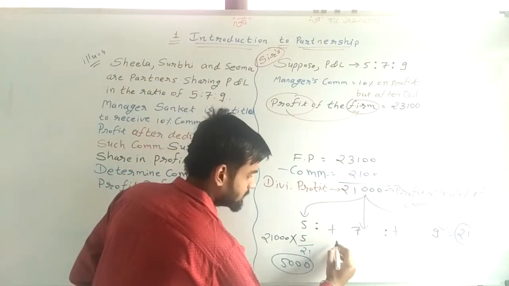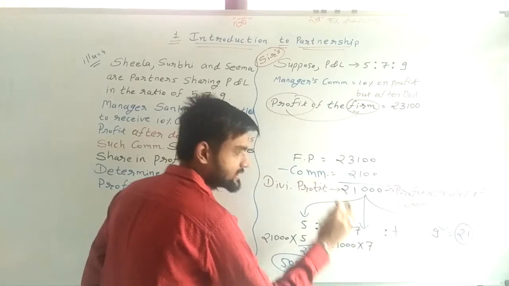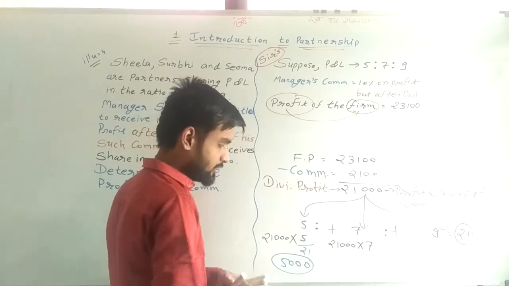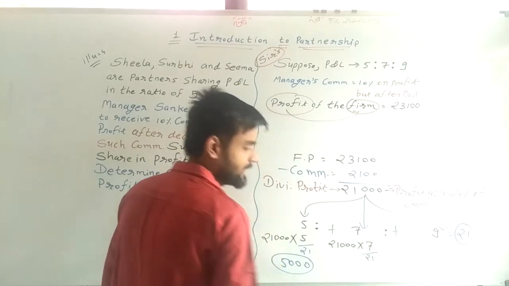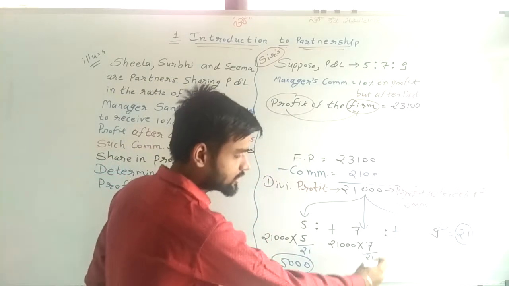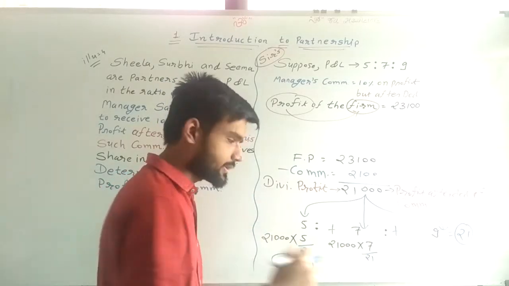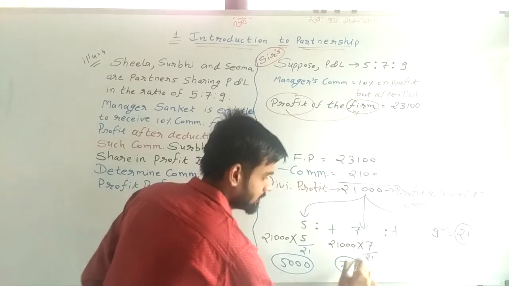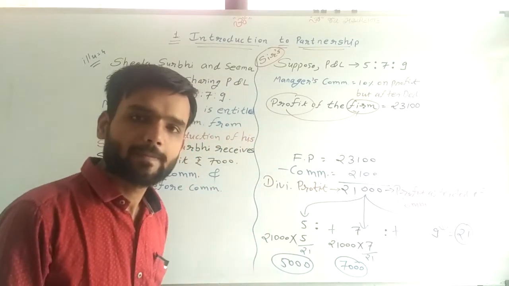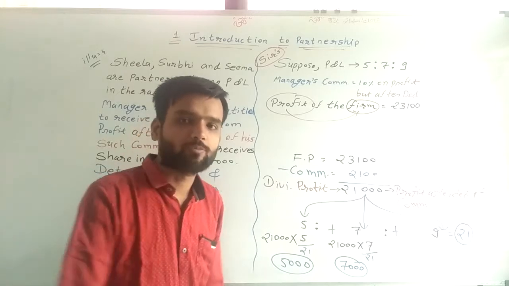So 21,000 into 7, because 7 is the proportion of the second partner, and the total of these 3 is 21. So we are dividing by 21. Now solve this, 21,000 into 7 divided by 21, you can solve in a calculator. So the answer is 7,000 rupees. So the second partner's profit portion is 7,000 rupees.